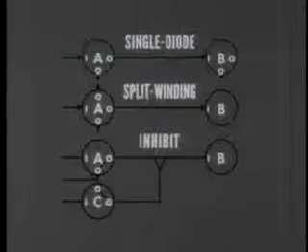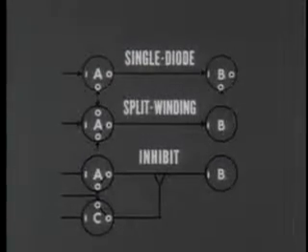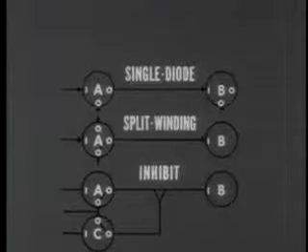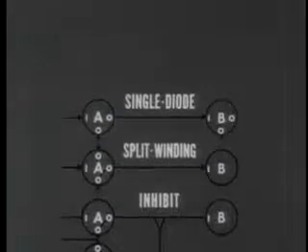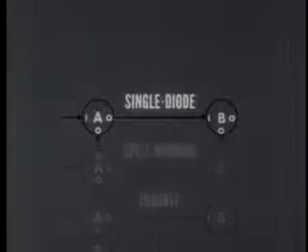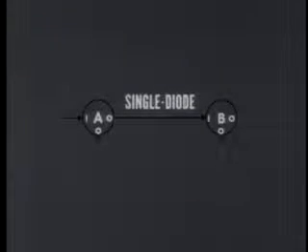The three transfer loops we've been examining, the single diode, the split winding, and the inhibit, have an amazing number of applications in automatic data processing equipment. One device that is widely used is just a simple extension of the single diode loop.